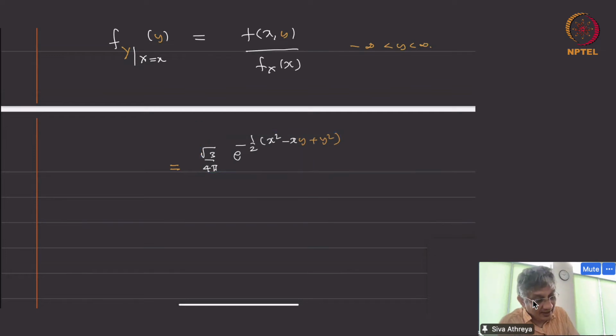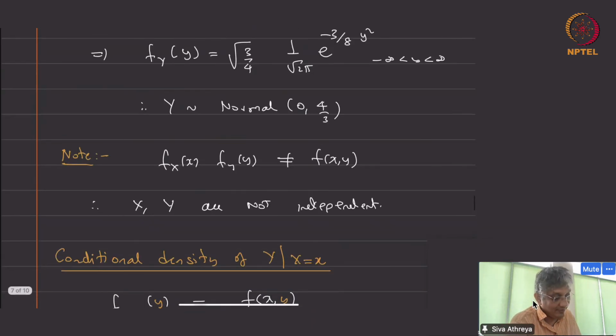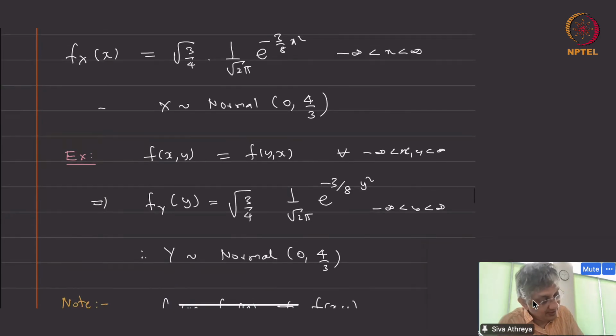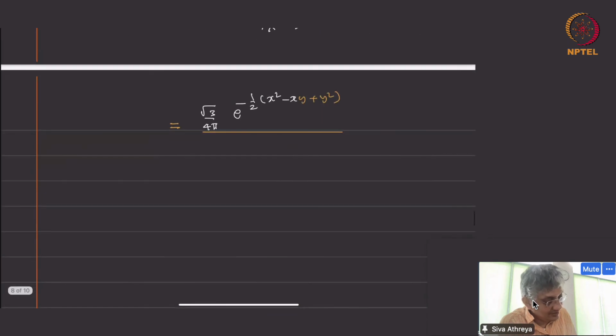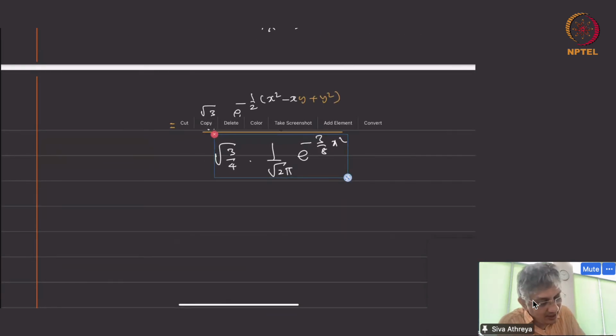And I have to divide this by f sub X of x, which is given by the answer right here. They're all non-zero, so I can always divide by this number. This is true for all y between minus infinity and infinity.